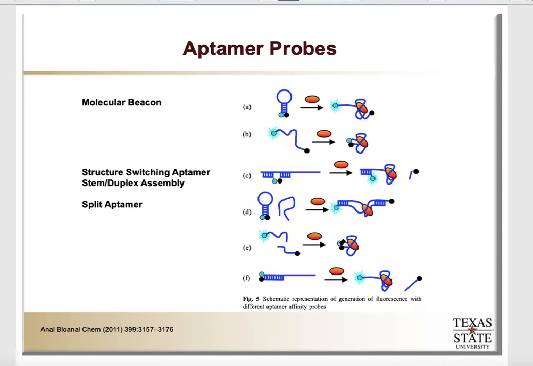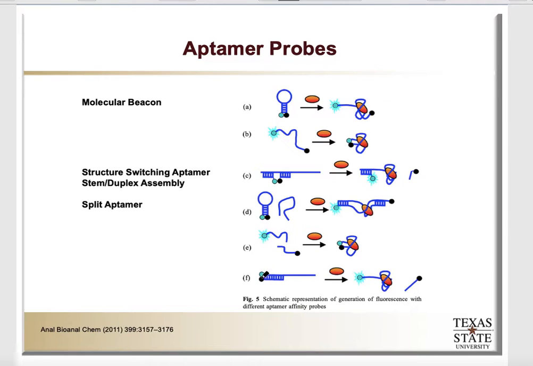And then finally, we have this other configuration, which is similar to C, in which instead of having two strands that are partially complementary to the aptamer strand with its extension, what we have is the aptamer strand with its extension being hybridized to a single molecule.